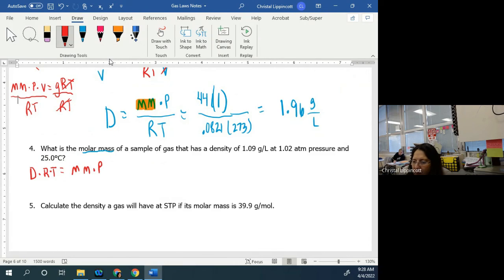I need to get molar mass by itself. So what am I going to do? Divide both sides by P. So I'm going to divide this side by P, and this side by P. My pressures cancel. That's going to leave molar mass equals density RT over P. Let's see if you can substitute in and calculate.